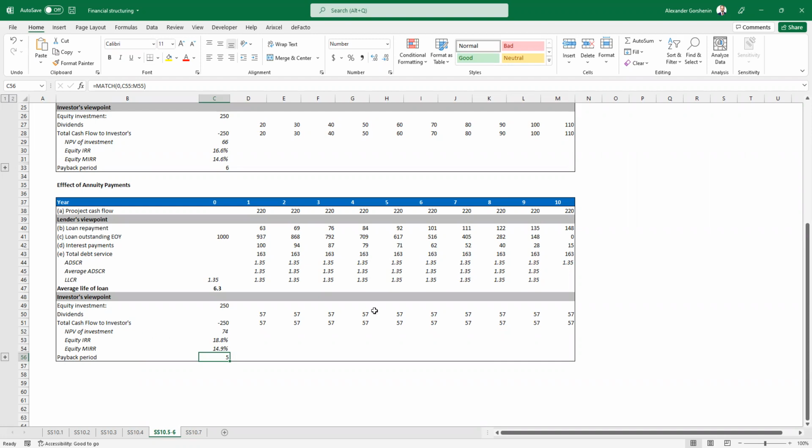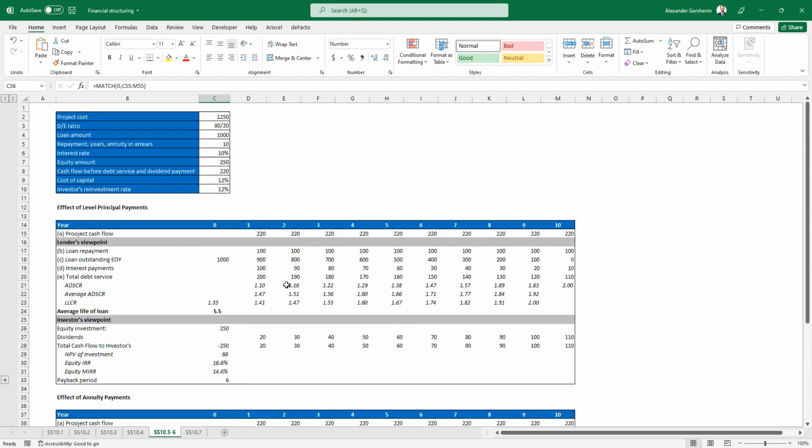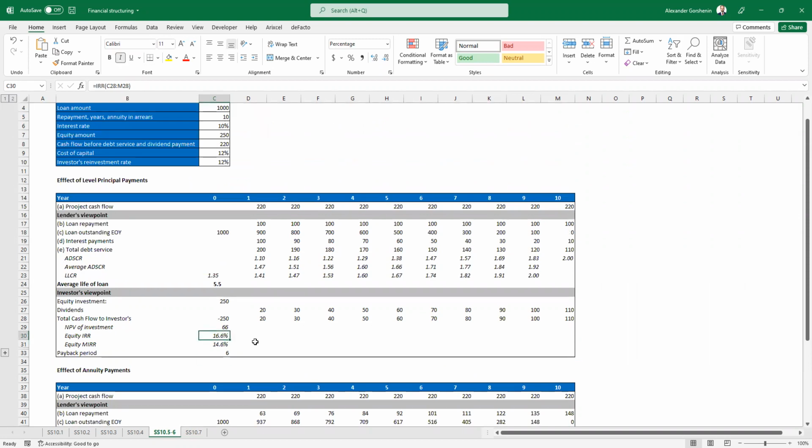Let us literally check this approach. Remember, this equity IRR is 16.6. If we reduce the interest rate, you can see easily here we now have an equity IRR of 17.2%, a difference of 0.6%.